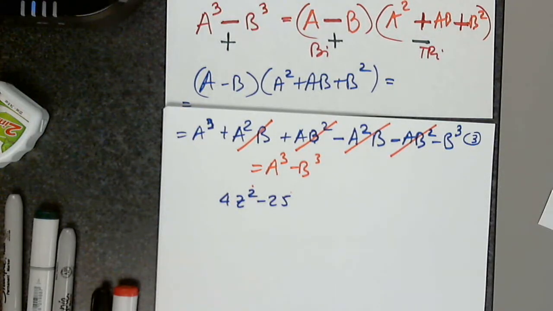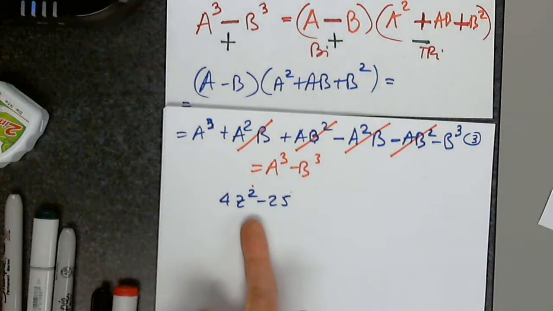So I have 4 special products. 2 I shouldn't even discuss because they're sums, and this is a difference. So I'm basically debating with myself between 2 formulas, either the difference of squares or the difference of cubes. Which one is it? Sometimes it can be both.